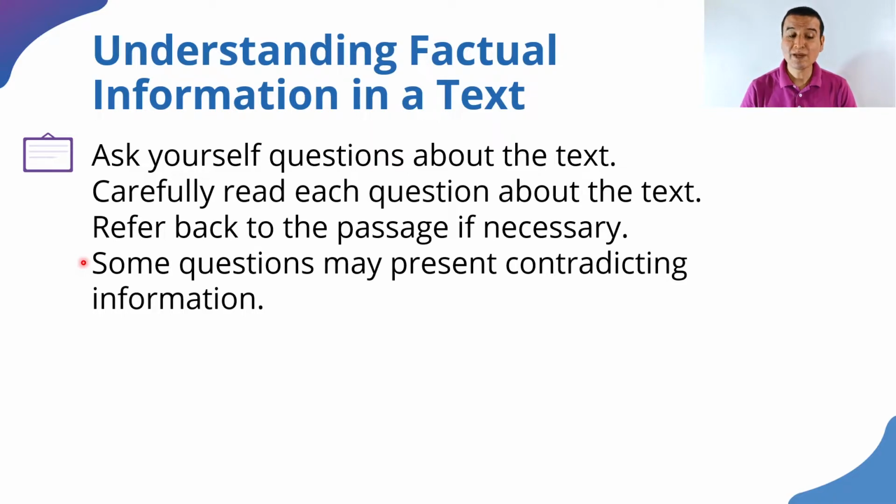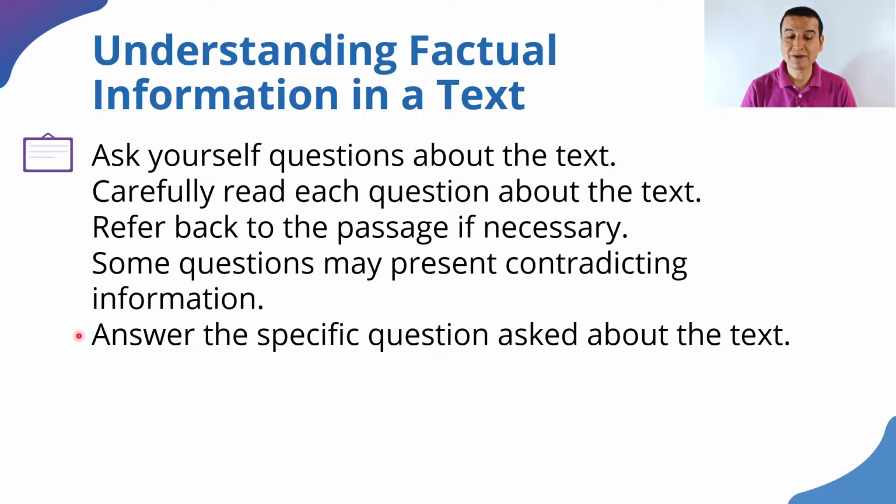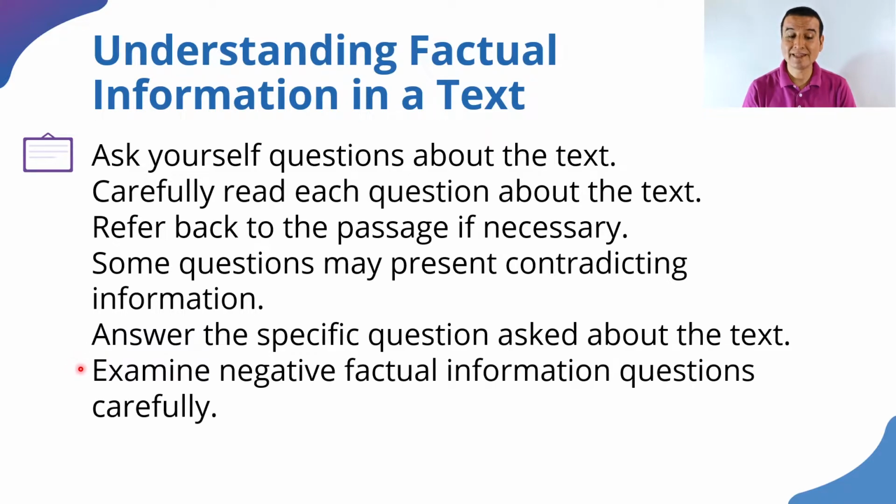Now, you may have to answer the specific question asked about the text, not something that is not being asked. So you have to read the question very carefully so that you actually answer what they're asking you, not something else. All right? And finally, you have to examine negative factual information questions very carefully. What does that mean?